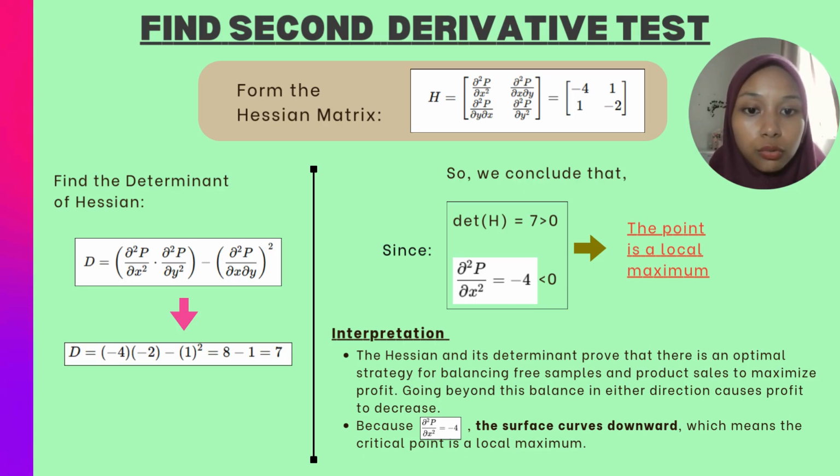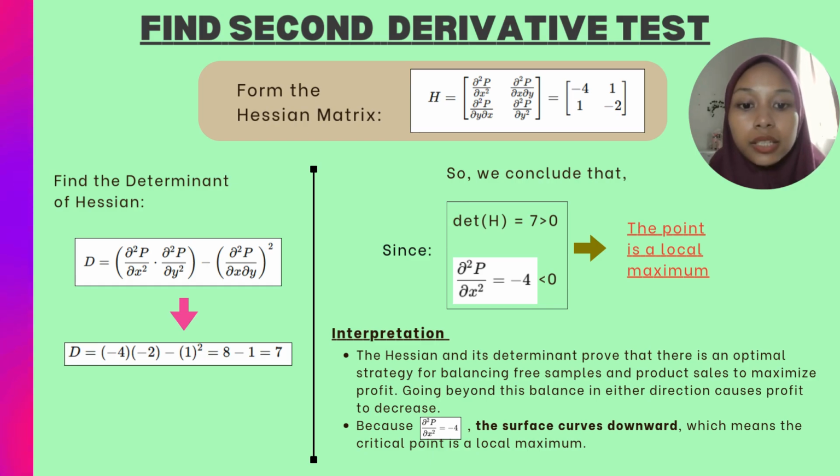So we can conclude that since the determinant of the Hessian is 7, which is bigger than 0, and also the second derivative with respect to x, we got negative 4, which is less than 0, this confirms that the critical point is a local maximum.